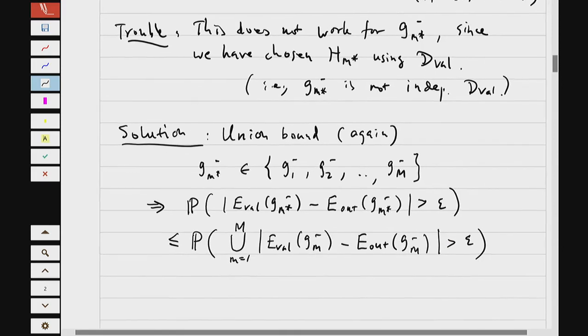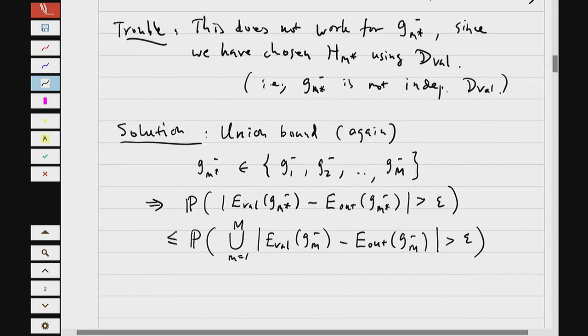Does everyone agree? This is because we know m star is one of these m's, so this event must be inside here. This set must be inside that one. Therefore it is a subset of this union set, and therefore the probability has to be smaller.